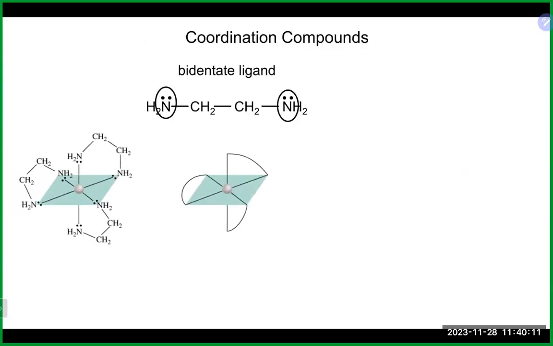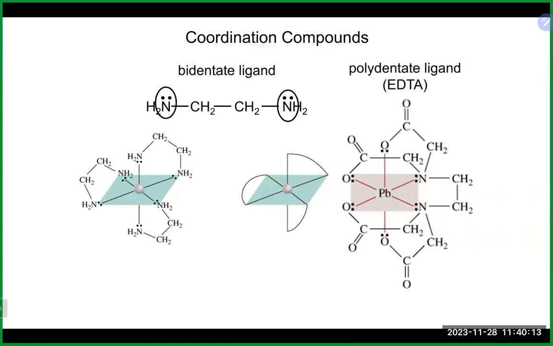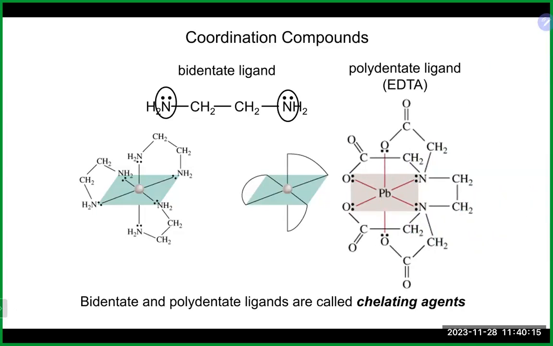So here, I guess I drew it right, so that's good. That is our ethylenediamine, and once again, it is very commonly used as EN, both in formulas and in names. And again, it can bind through those two. This big guy right here is our EDTA, and it can bind to a metal through there, and there.